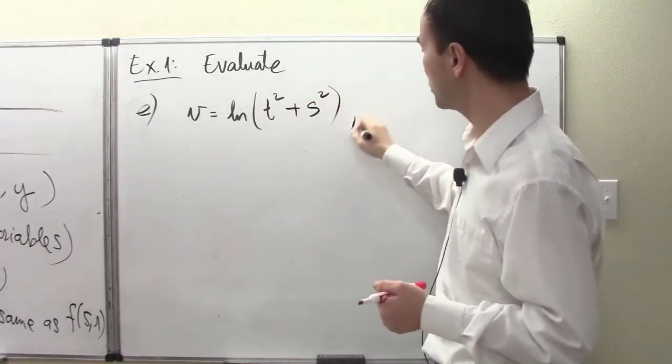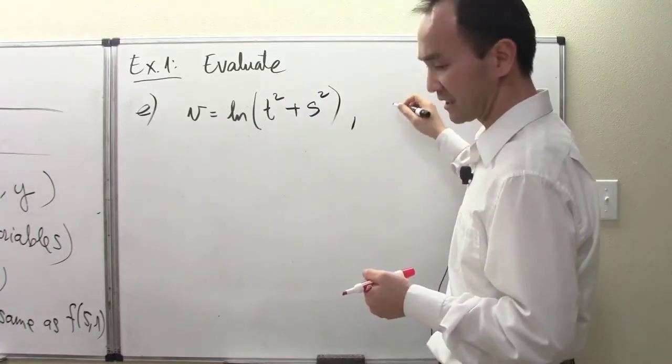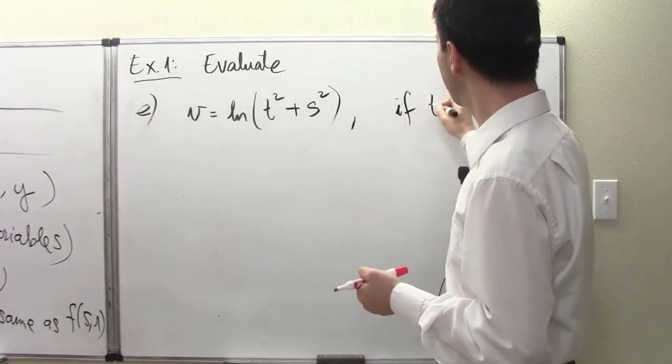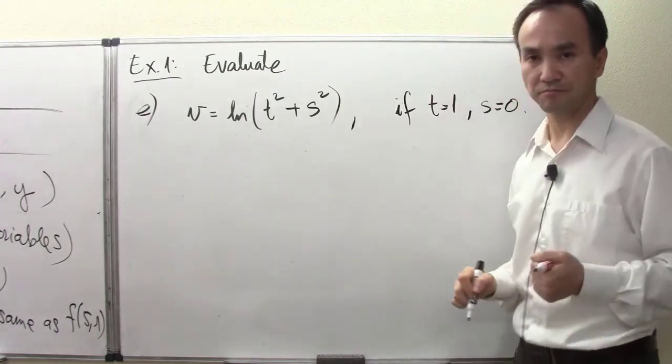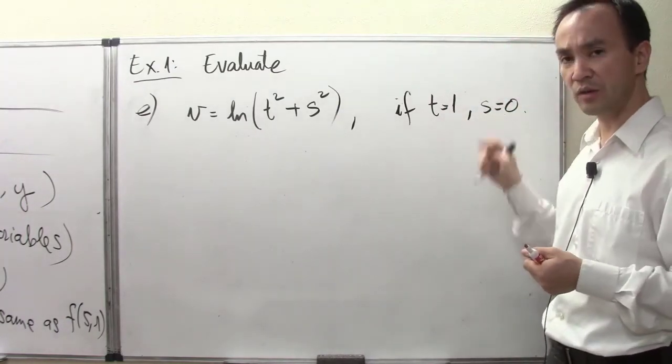And then we want to evaluate this given that t equals 1 and s equals 0.